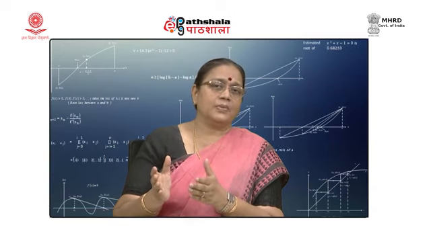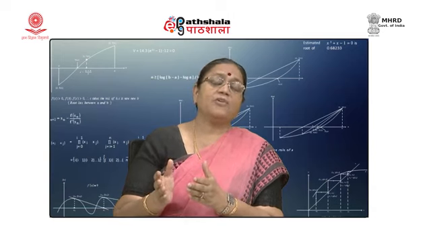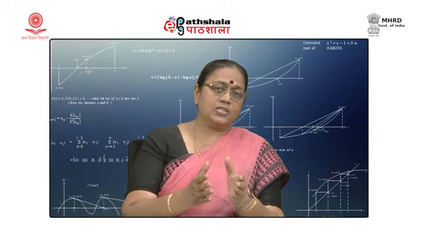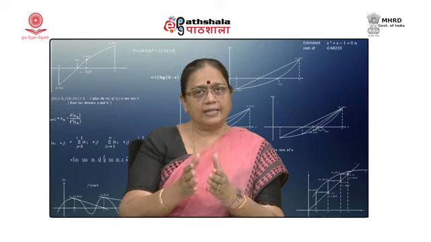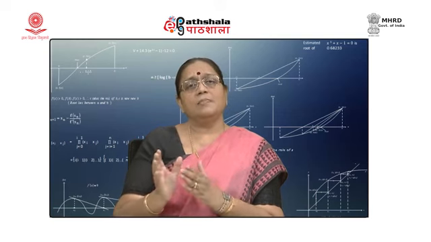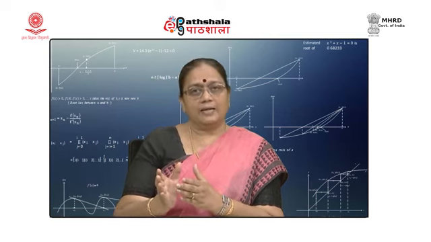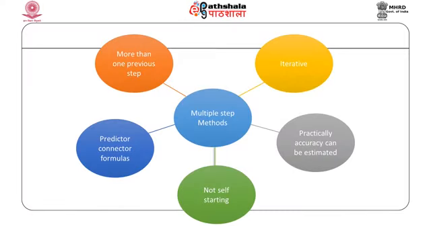How do we get these values? We need to have values generated from some other method, maybe single step methods, at x1, x2 and x3, and then only the multi-step methods can be started. So, they are not self-starting methods, but they are iterative. So, you can have an idea of the accuracy.